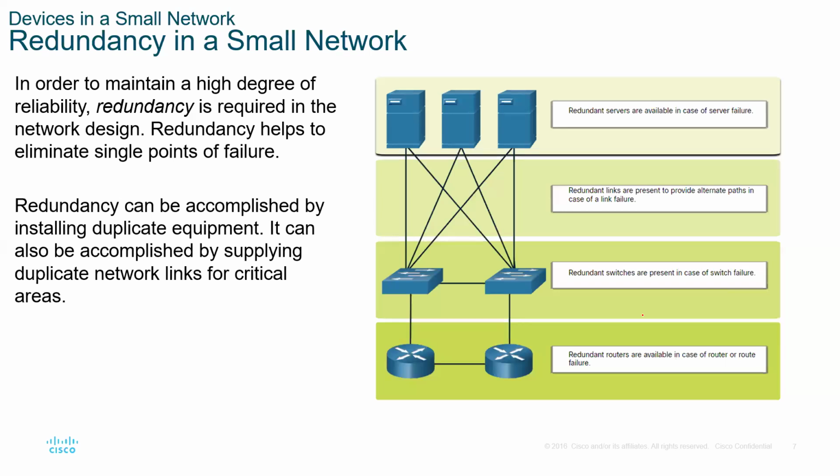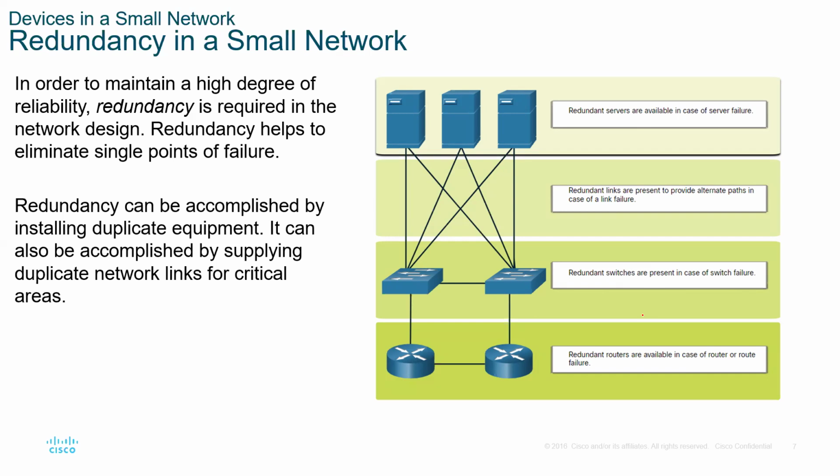Now, another area of interest is redundancy in a small network. Redundancy is where you want to ensure that in case there's a problem, there is no downtime. In order to maintain this high degree of reliability, you have to look at redundancy in your design. Redundancy can be accomplished by installing duplicate equipment, and can also be accomplished by supplying duplicate network links for crucial or critical areas.